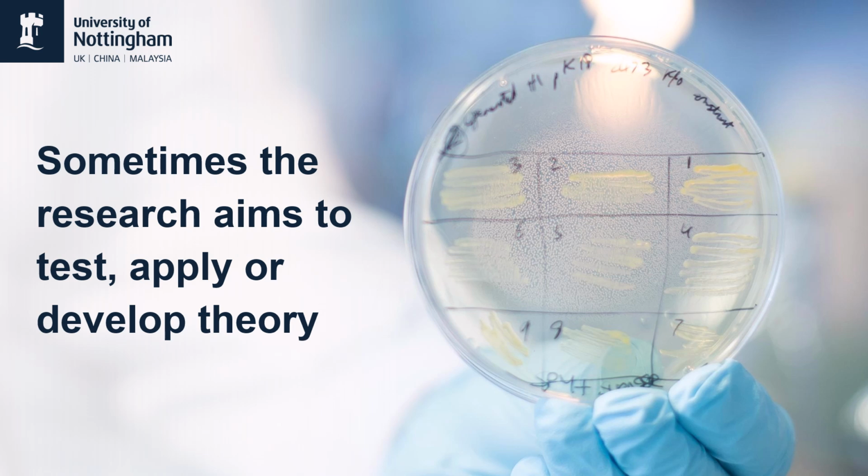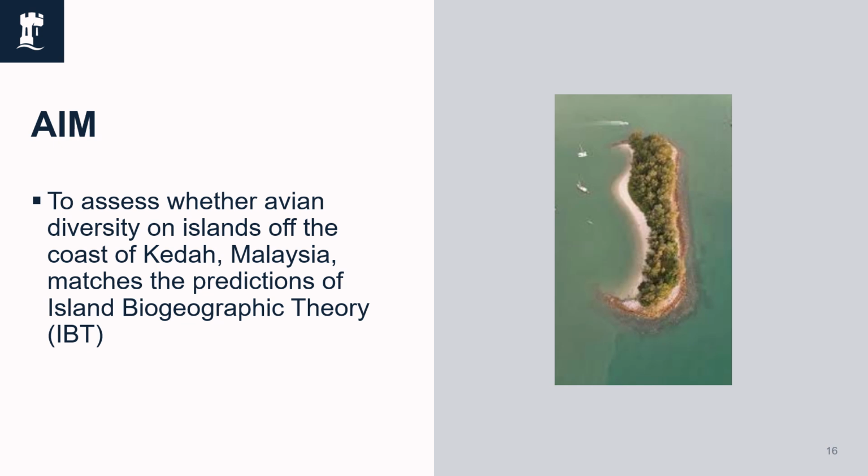In other words, they're much more an explicit part of the overall aim than being nested within individual objectives. So, for example, we might have a research project that's interested to understand patterns of bird diversity, avian diversity. I live and work in Malaysia, so I'll use an example from Malaysia.